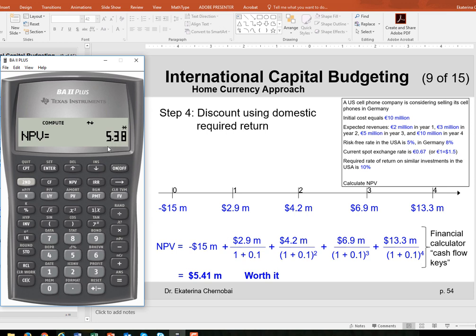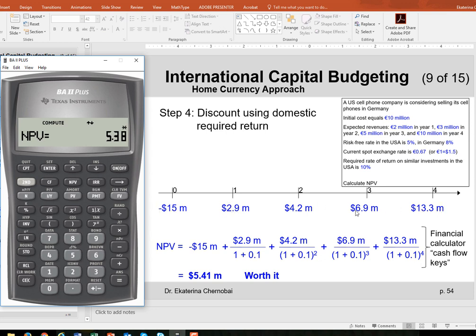5.38. So I think the reason I'm a little bit off from what I said earlier, which was 5.41 million, is because there must be some rounding error that happened when we were finding all these dollar cash flows, because we were really rounding them too much. Remember, they're in millions of dollars. So there are like 6 more digits after the million value, right?